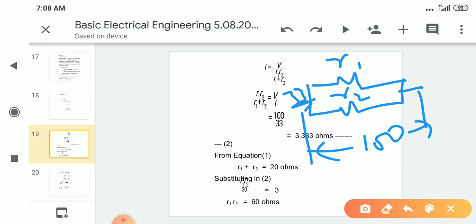In this circuit, according to Ohm's law, I is equal to V by R. But here instead of R equivalent, what we write? R1 into R2 by R1 plus R2 is equal to V by I. Substitute the values of V by I: 100 by 33 gives 3.33 ohms.